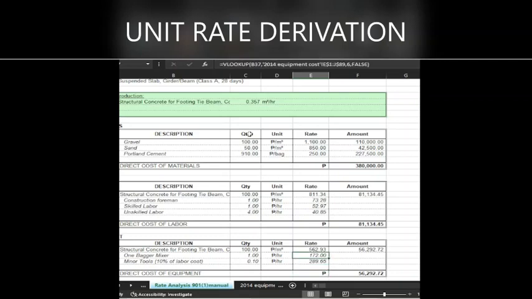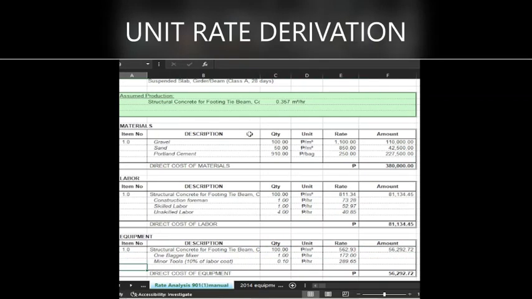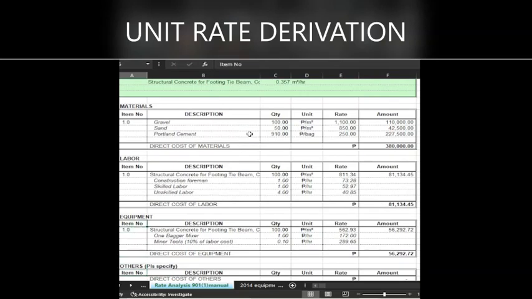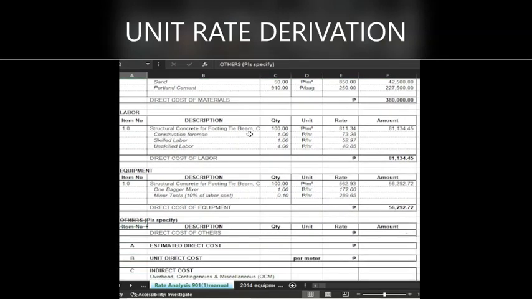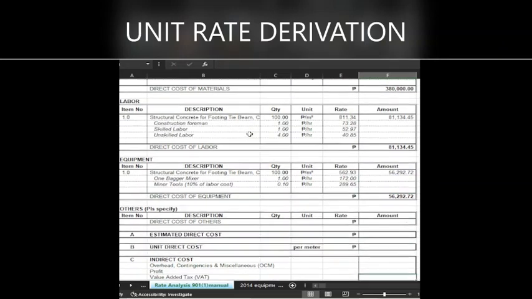So we have 562. So multiplied by 100, it is 56,292. So this is now our direct cost. Bali, ang equipment is 56,292 for the total 100 cubic meter of concrete.